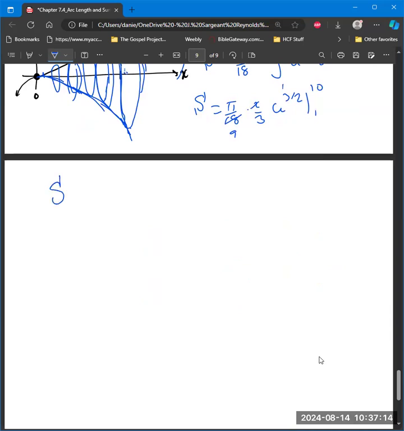S is going to be pi over 27 times 10 to the 3/2 minus 1 to the 3/2.